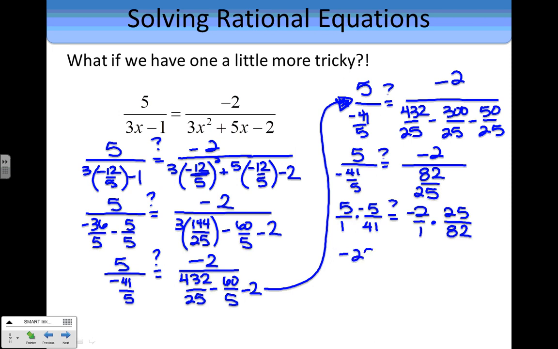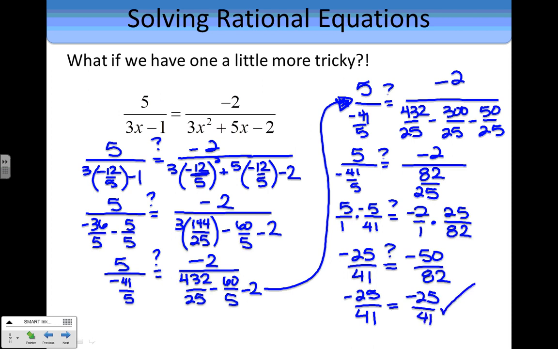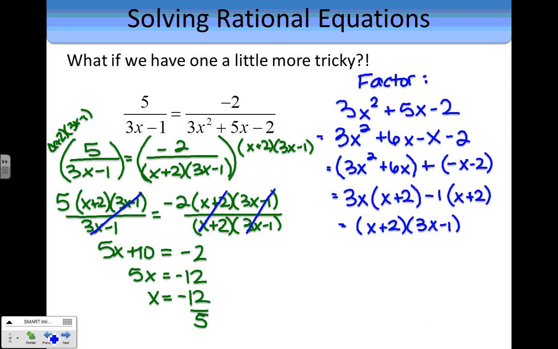So negative 25 over 41, does that equal negative 50 over 82? Simplify negative 50 over 82, and you get negative 25 over 41. Okay. So that works, plugged it in, it makes my equation true, which means my answer truly is x is equal to negative 12 fifths.